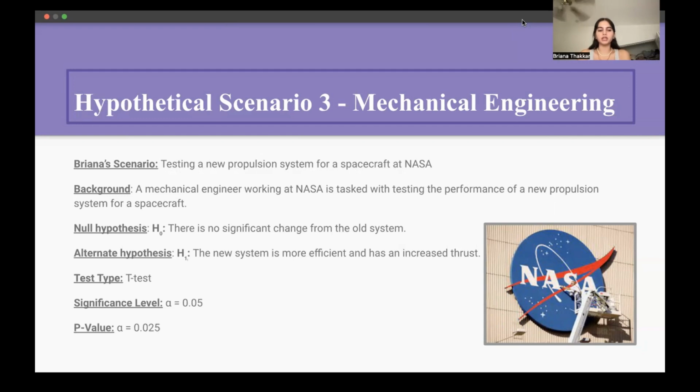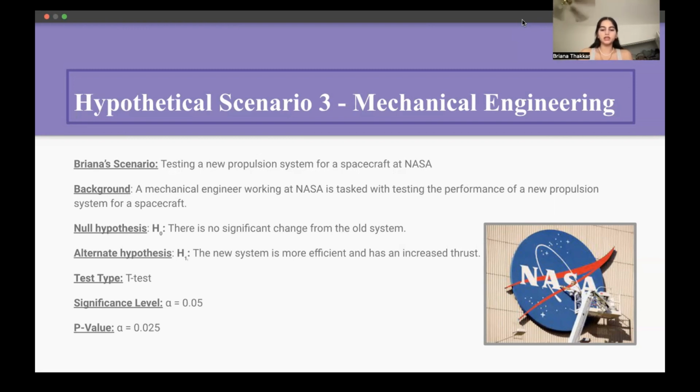The test type here that is used is a t-test because there are only two groups that are being studied. So here the experiment is the engineer selects a spacecraft with the old propulsion system and a spacecraft with the new propulsion system, and both subjects are set off with the same operating systems and conditions.